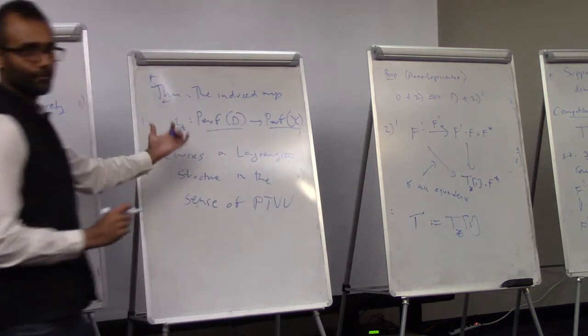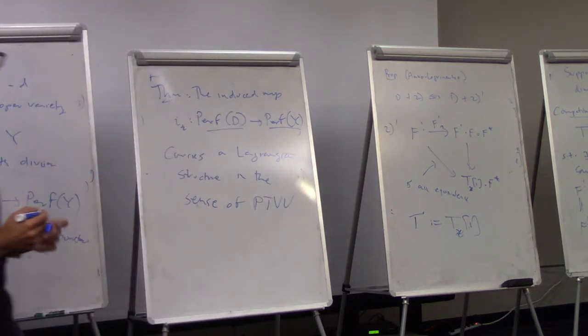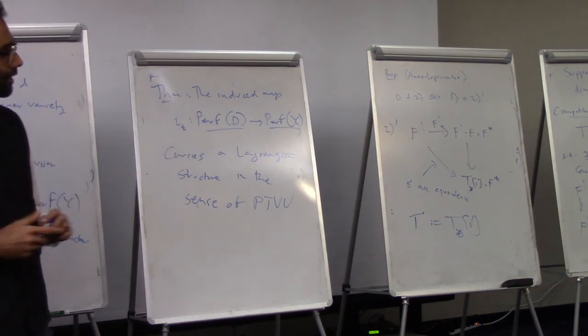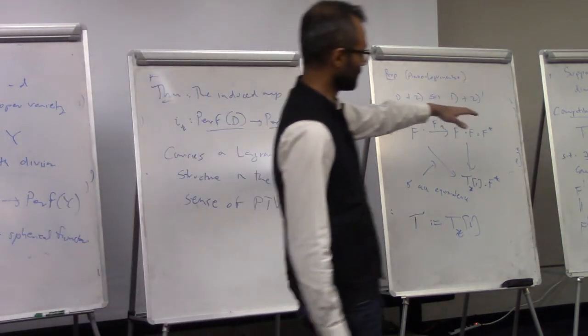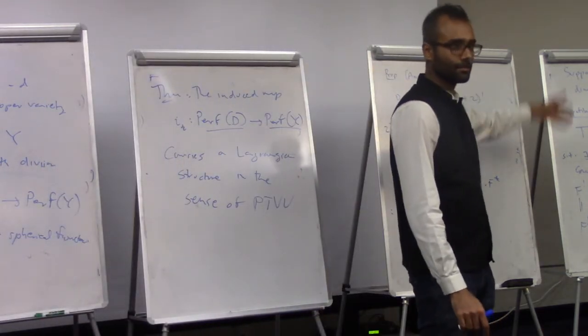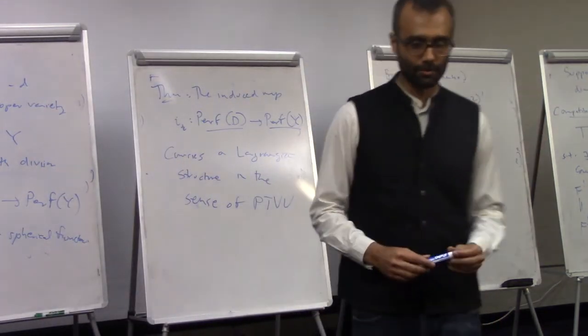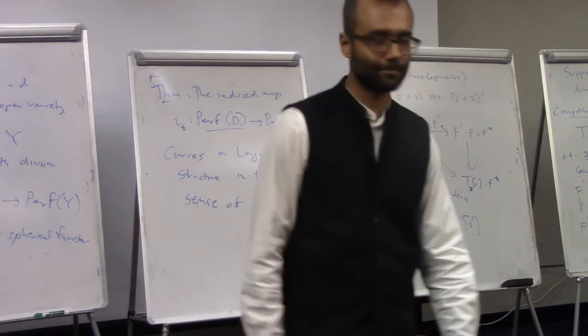Which would be true if you knew you had a relative Calabi-Yau structure. So there should be some relative Calabi-Yau structure here. We don't know how to see it directly, but you can easily check that this is a compatible spherical functor. So one question that all this begs is how do you promote this way of thinking about compatible spherical functors to something that exactly corresponds to strong Calabi-Yau structures? Thank you.